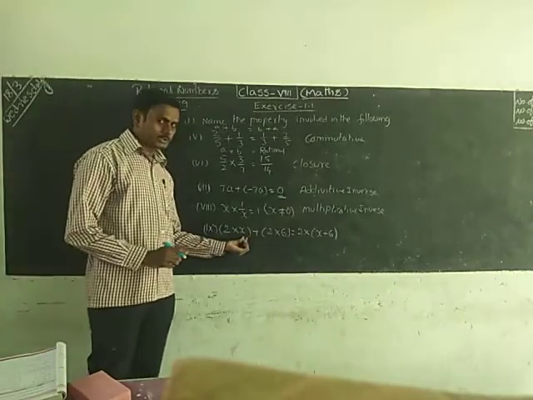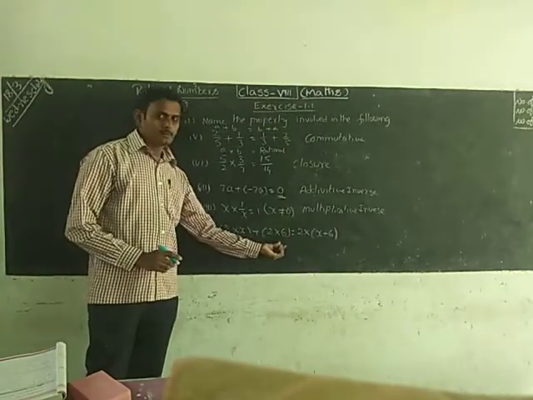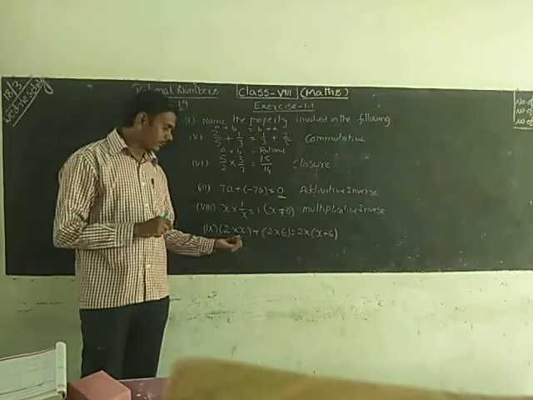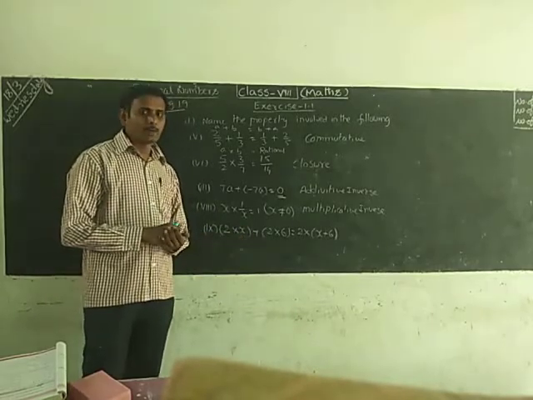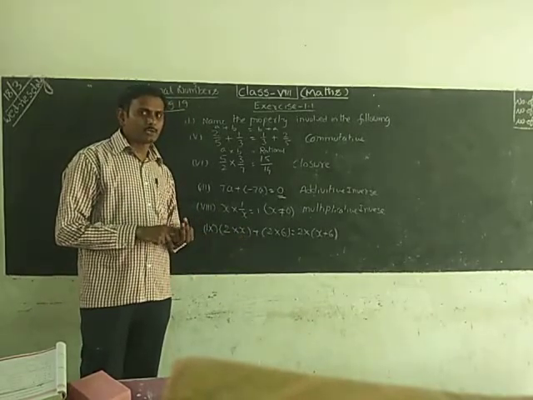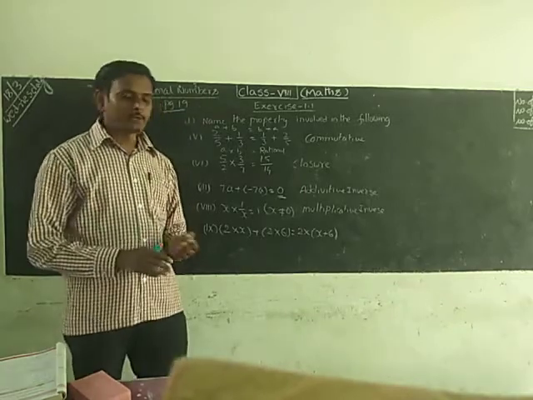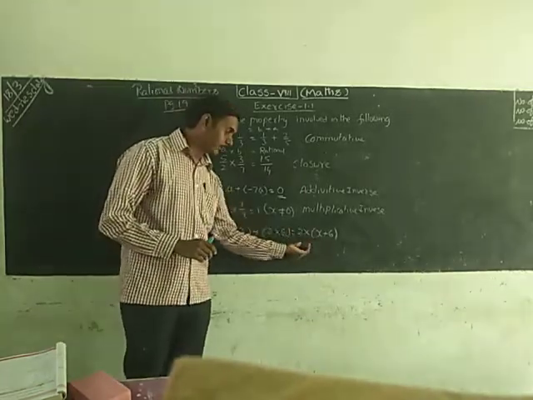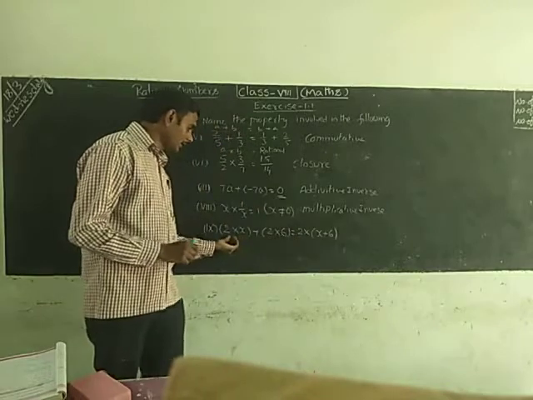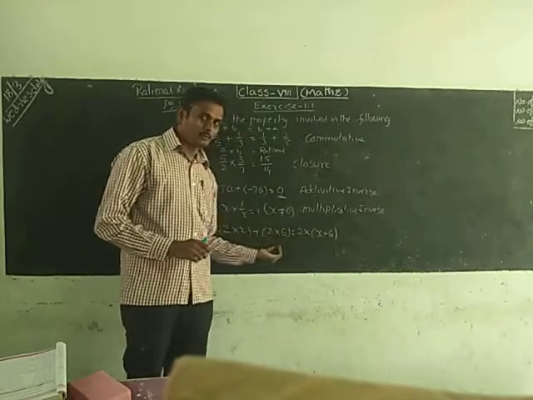Last property, can you identify? Here 2 into x plus 2 into 6. We have to remember that here we use two operators, the plus operator and the multiply operator. Which sign is there, the same sign you have to maintain on both sides.